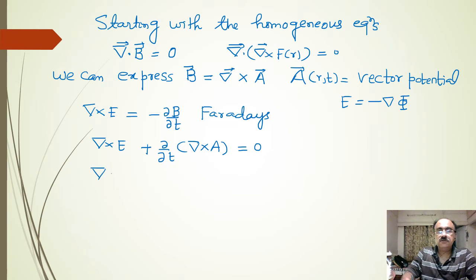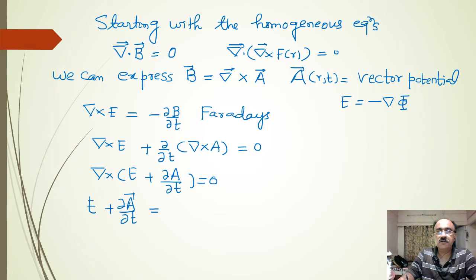Combining the two terms, curl of E plus del A upon del t equal to 0. This implies that E plus del A upon del t can be expressed as the gradient of a scalar potential, that is, gradient of phi.